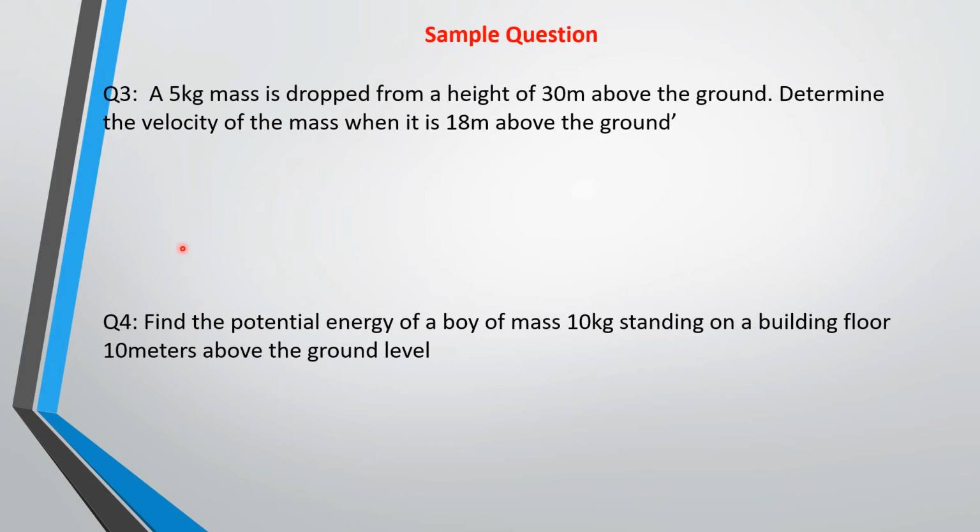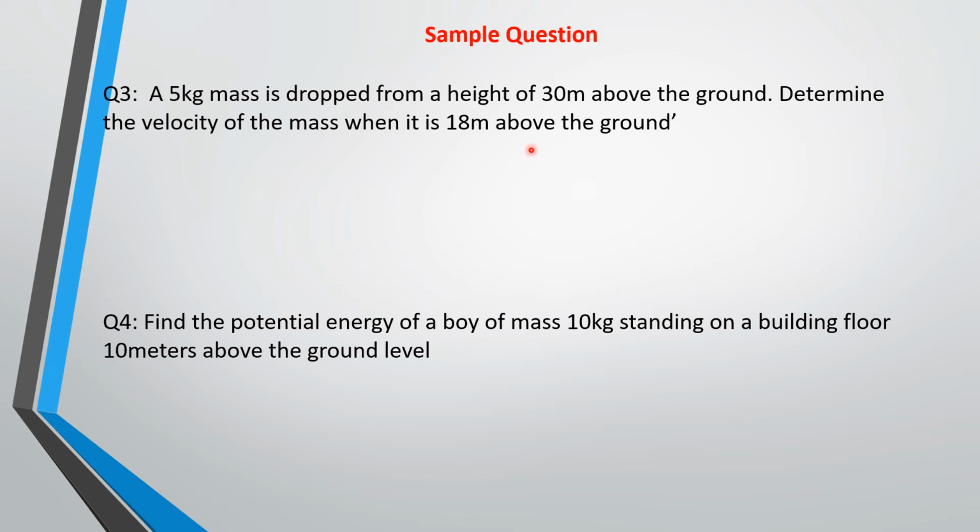So this is a question for us to look at. Sample question again. A 5 kg mass is dropped from a height of 30 meters above the ground. Determine the velocity of the mass when it is 18 meters above the ground. So you remember what we just discussed.